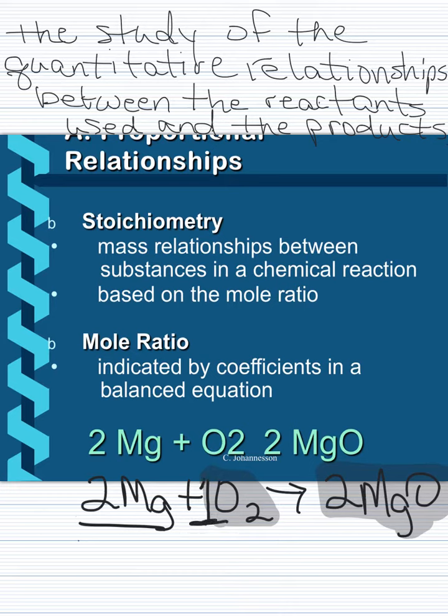That is there, but it's not written, but it's there. And that's the coefficient. And then we have the 2. So the mole ratio of oxygen to magnesium oxide would be 1 to 2. What we're saying is I need 1 mole of oxygen to be able to produce 2 moles of magnesium oxide.